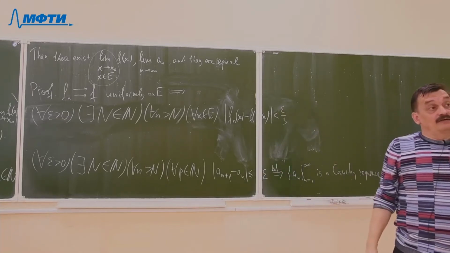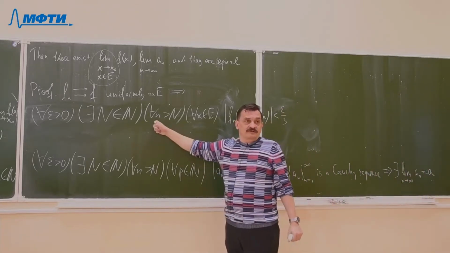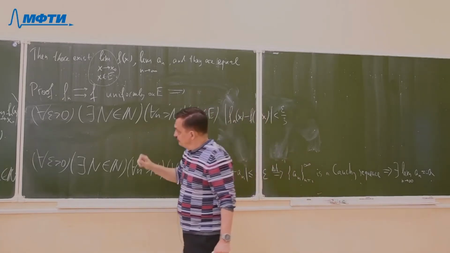And now look, here it is written arbitrary little n greater than capital N. So fix n.